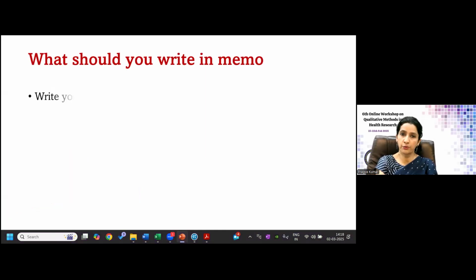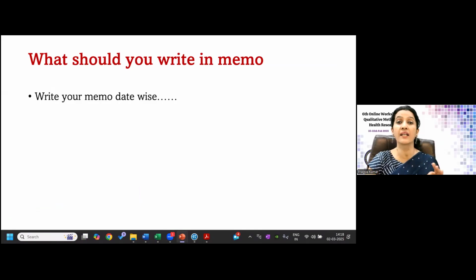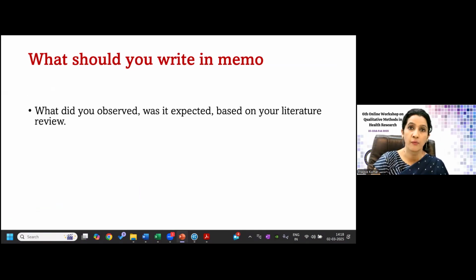So what should you write in the memo? First, you should write your memo date-wise, the way we write our diaries. Write the date, and NVivo generally records the time also. Whenever you are writing, it takes the date and time. So you write your memo day-wise: whatever you have observed, what you expected, and whether it is similar to what you expected.